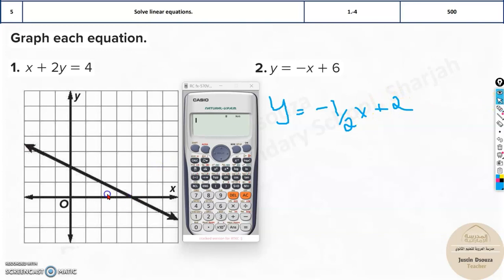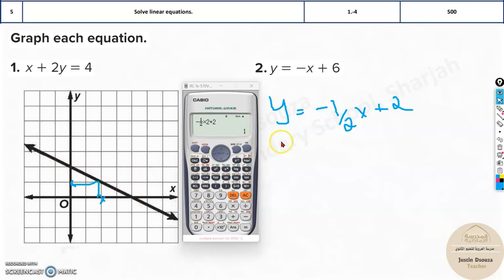With x as 2, the answer is 1. Is it 1? Let's check. When x was 2, is it 1? Yes, absolutely. So that means it's correct.